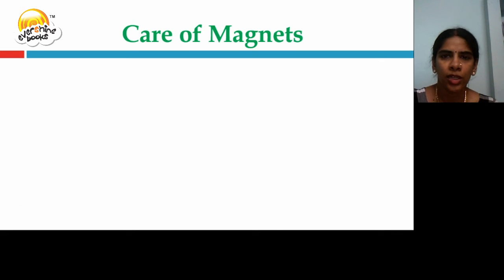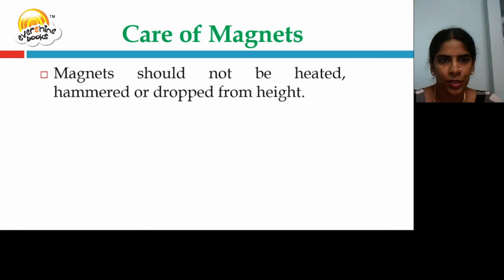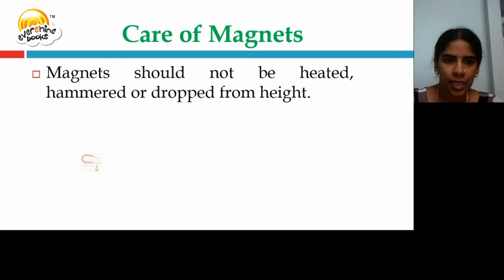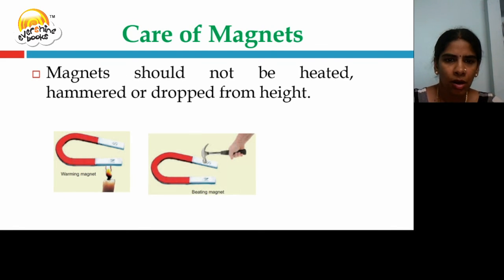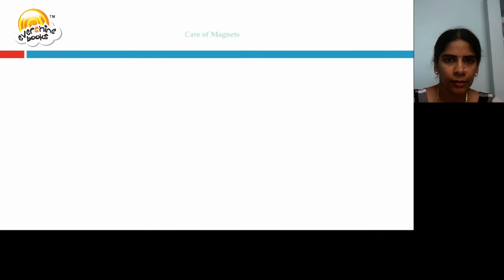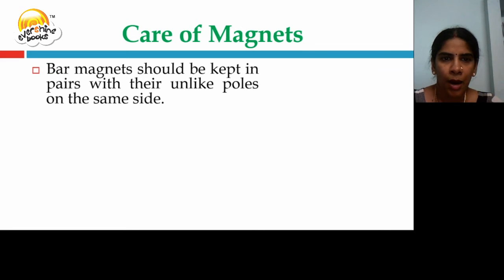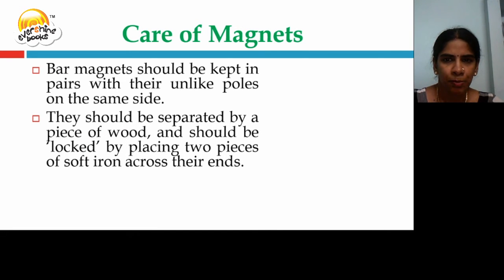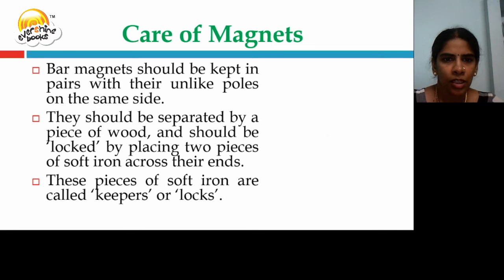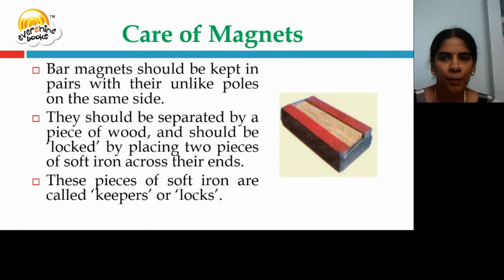Let us see how we need to care for the magnets. Magnets should not be heated, hammered or dropped from a height. Bar magnets should be kept in pairs with their unlike poles on the same side. They should be separated by a piece of wood.